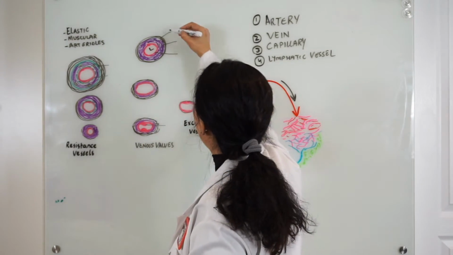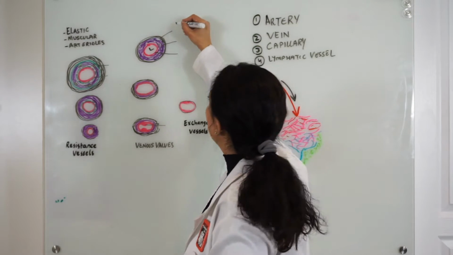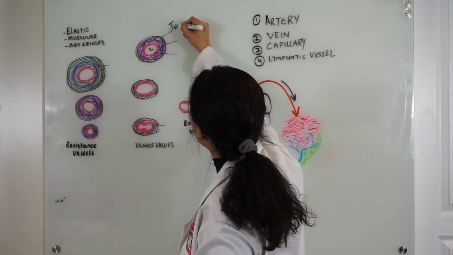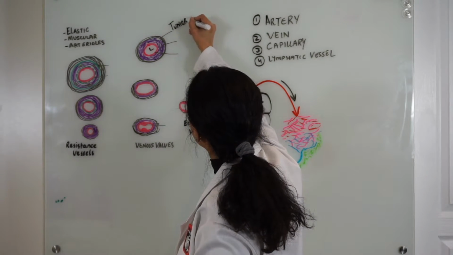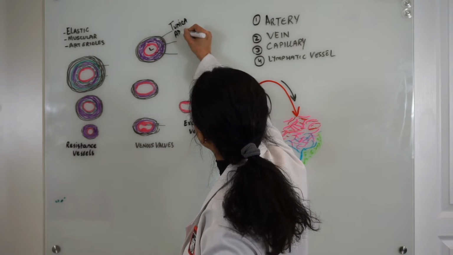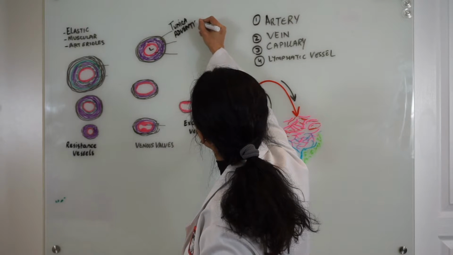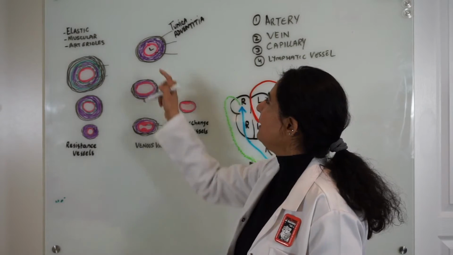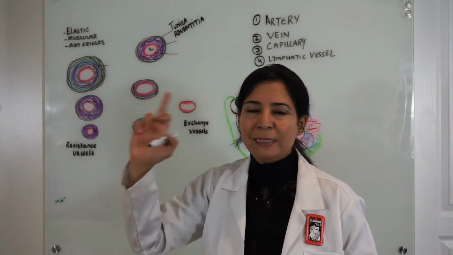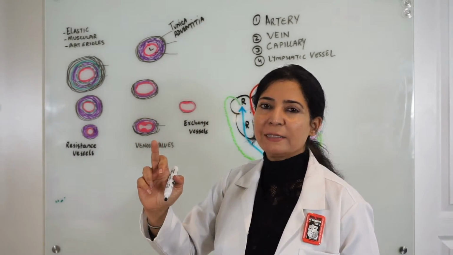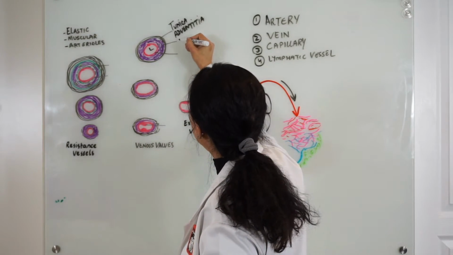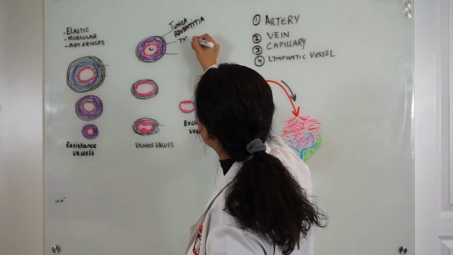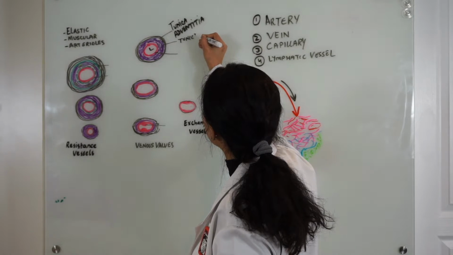Okay, so the outermost layer is known as the tunica adventitia. Then this purple central core of the vessel wall is known as the tunica media. Tunic means a coat.